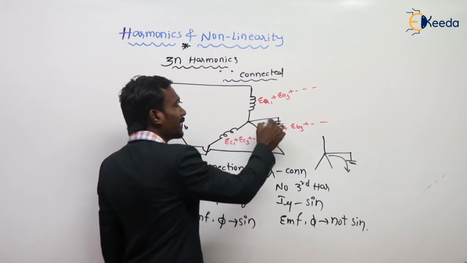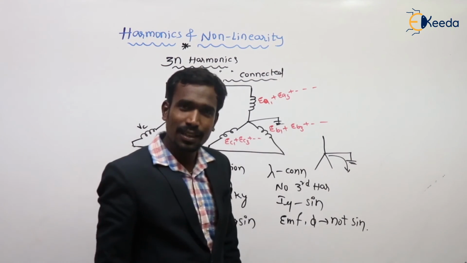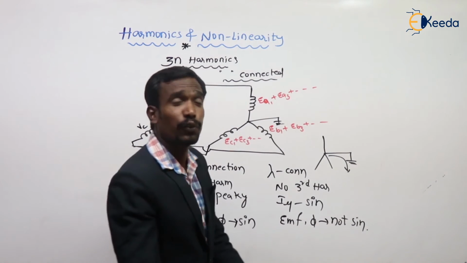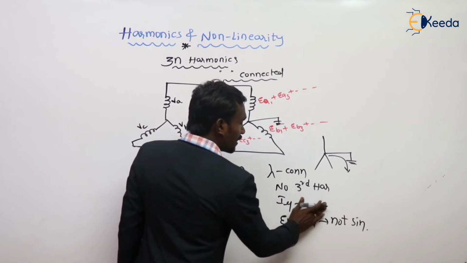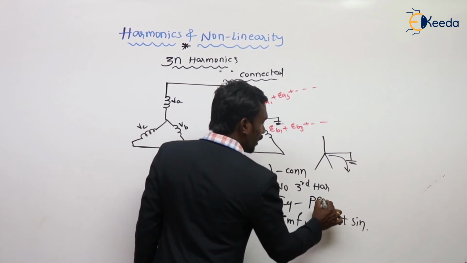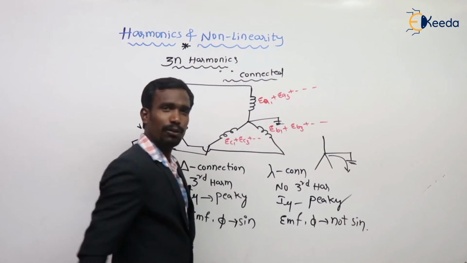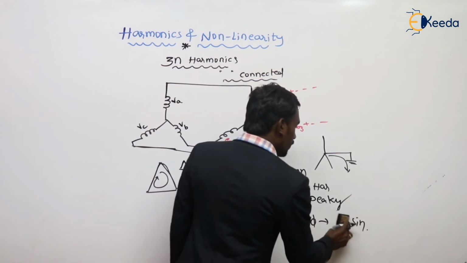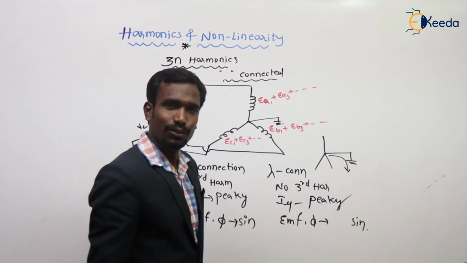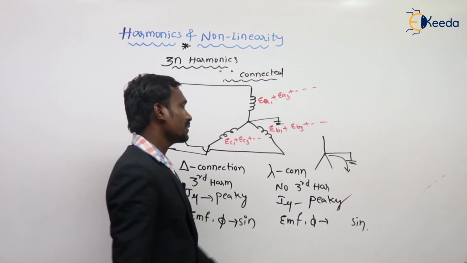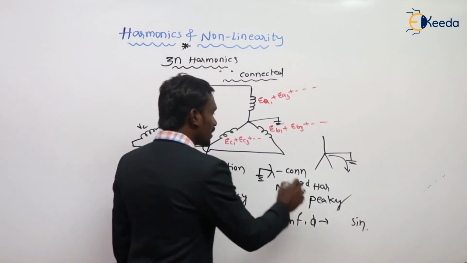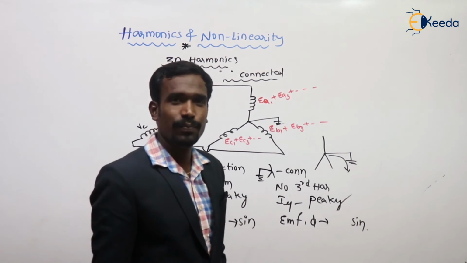When the third harmonic currents flow in the phases, then the I mu is a peaky wave. Then the EMF and flux are sinusoidal waves when the star is neutral grounded.